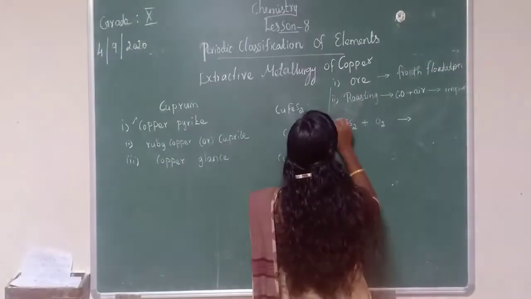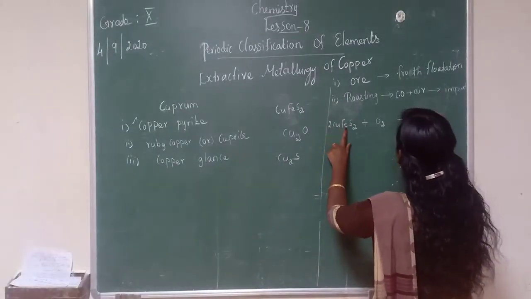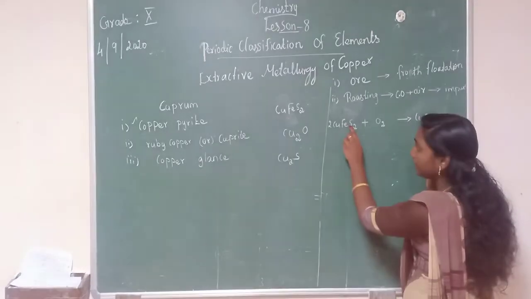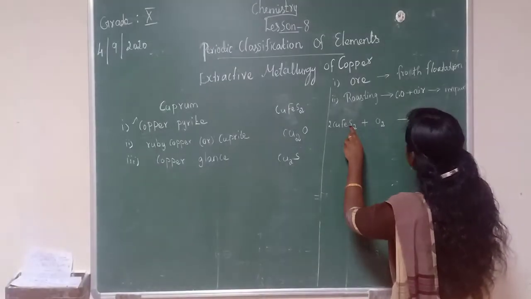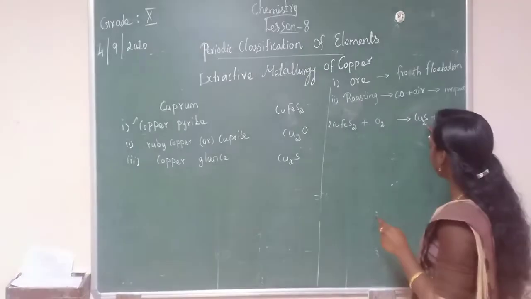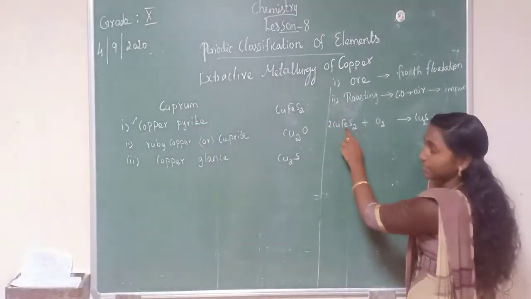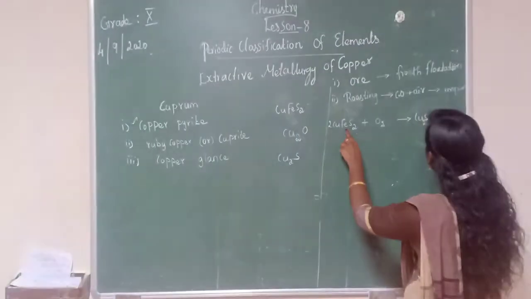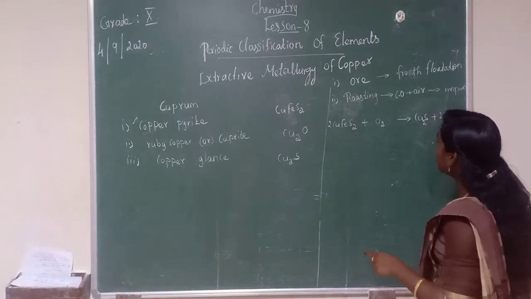So see the equation. Copper sulfate, CuS. Here 2 copper, so here also we put 2. You have to balance the equation. Then next iron: Fe means iron, 2 iron is there, then 1 S. So iron sulfate.